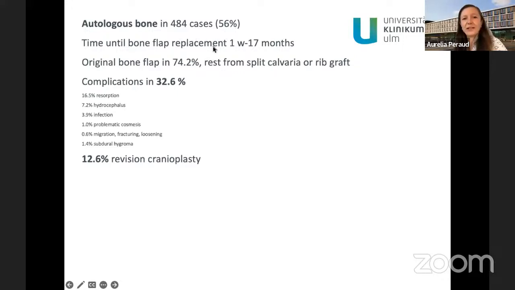The implantation time was quite variable, from 1 week to 17 months. In almost three quarters they used the own bone flap, or in the rest bone replacement by rib or from split calvaria. The complication rate was really high, 32.6%, with a revision rate of almost 13%.